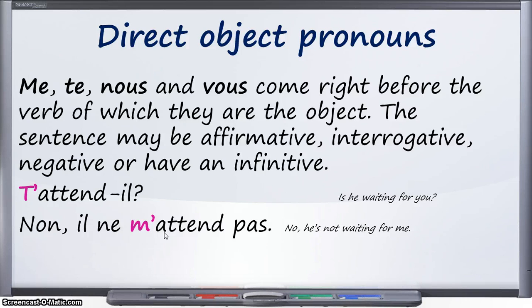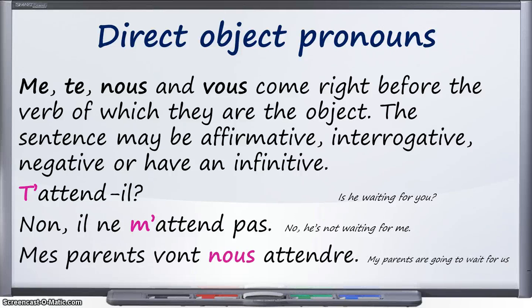And let's check the last one, a sentence with an infinitive in it. So, mes parents vont nous attendre. S'attendre. You notice here that the nous will go right before the infinitive.